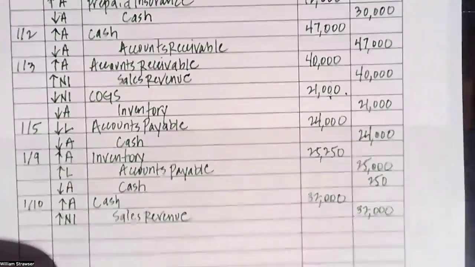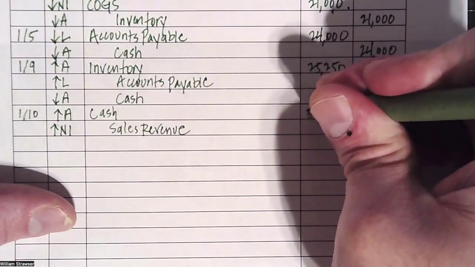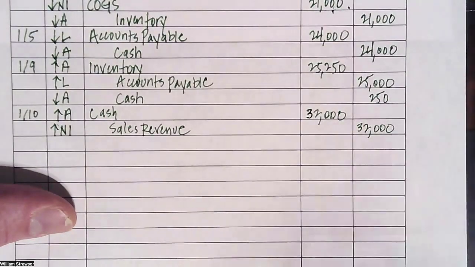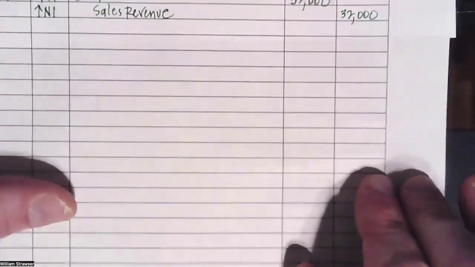But we now need to attend to the cost. We made $32,000, but we didn't make it from nothing. We had to obtain the inventory, and it said the inventory cost us $14,000.